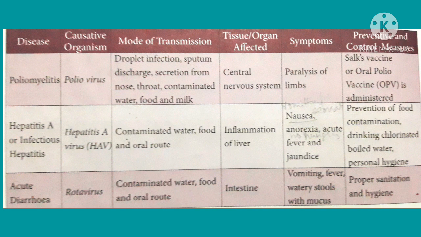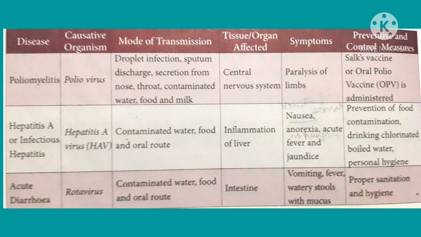Then mode of transmission, how it will enter our body: droplet infection, sputum discharge, then secretion from nose, throat, contaminated water, food and milk. Organ affected: central nervous system, that is brain and spinal cord. Symptoms: paralysis of limbs, legs and arms, that is hands affected.